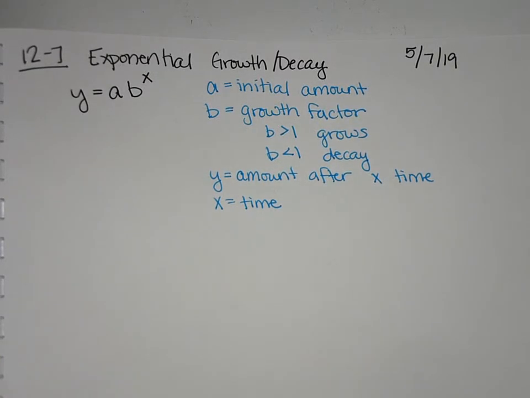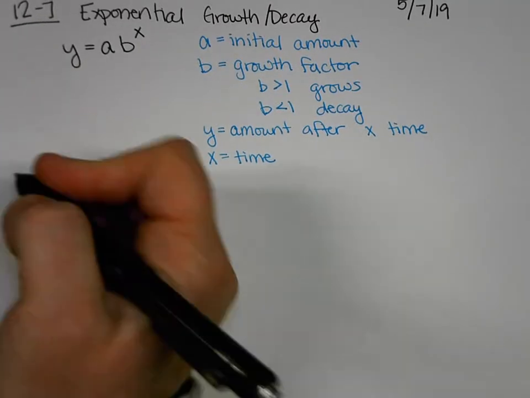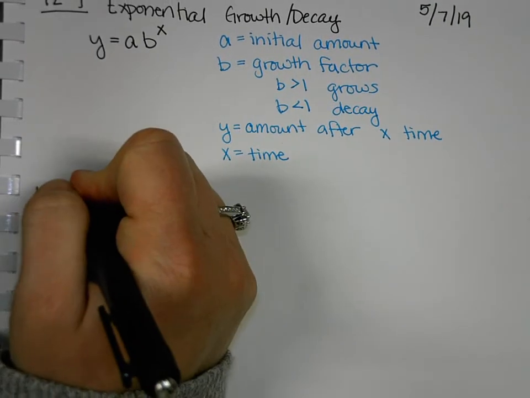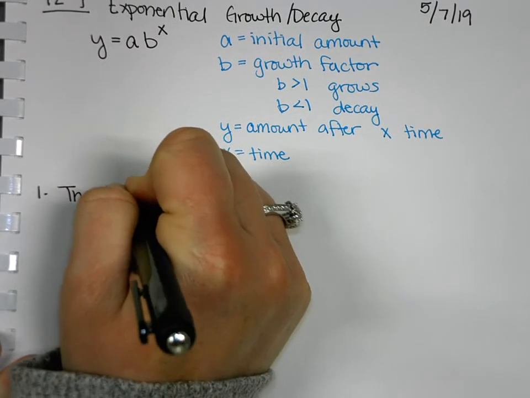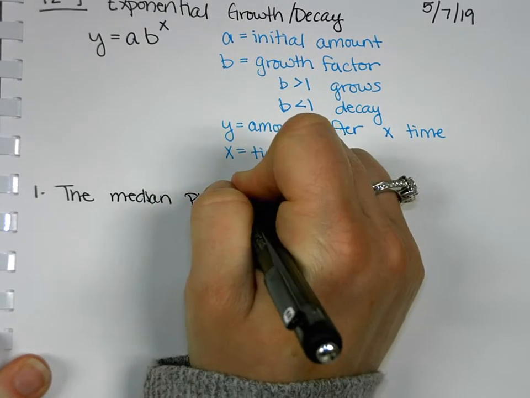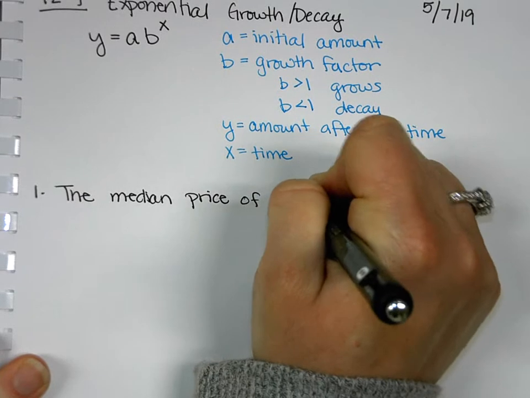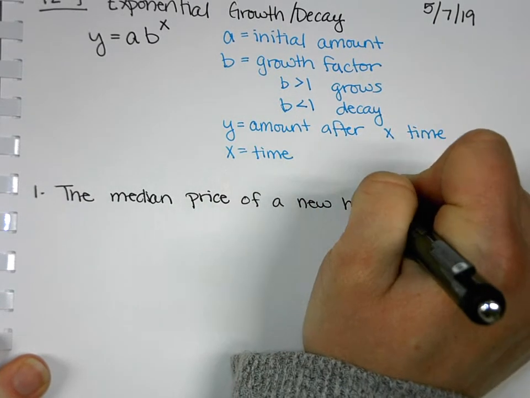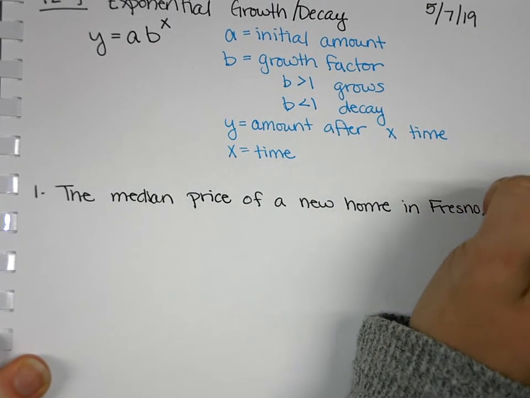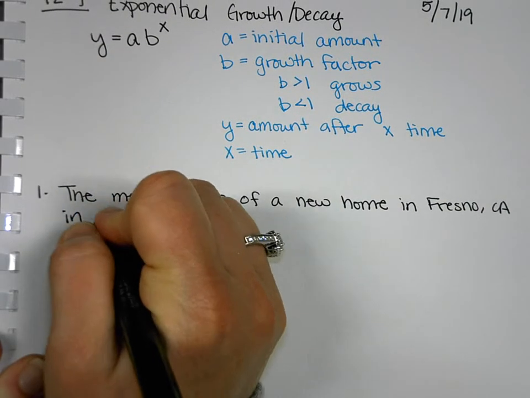So we're going to go through, just like last night, one example here and one in class. So 2 word problems on exponential growth and decay. So let's see, number 1. The median price of a new home in Fresno, California, in 1975.